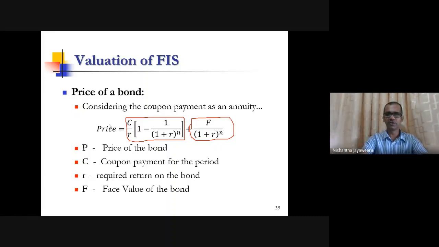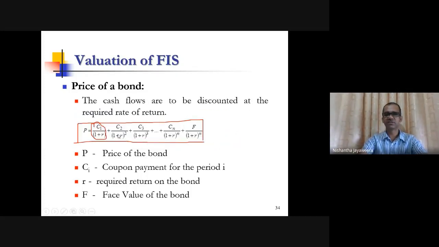In a bond, especially with a fixed coupon rate, we know exactly what the cash flows are: coupon payments on each coupon date and the face value on the maturity date. So we have to consider all those cash flows.